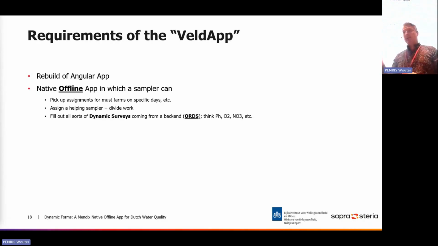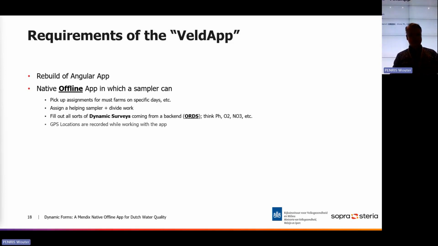Questions come from a backend, in this case Oracle with Oracle REST Data Services on top, which was interesting. Also lots of GPS locations would have to be stored, but also one of the requirements was for the measurers to be guided to the correct measuring points. Think about roughly 50 measuring points on a farm, and you would have to find all of these.